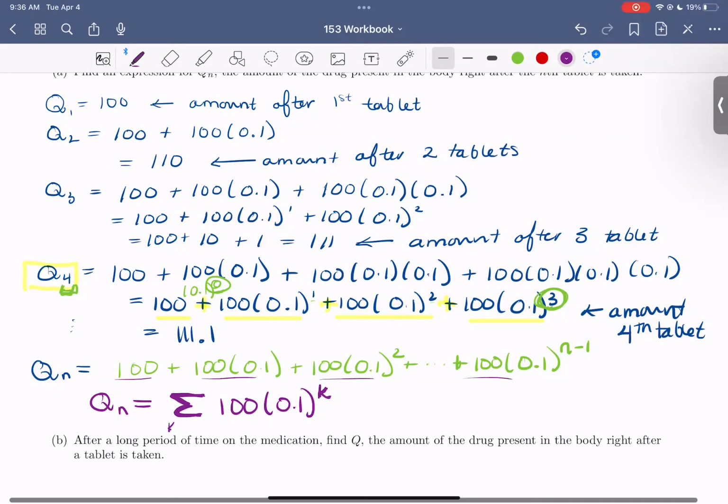So what does k start with? Well, k starts with 0 for our first term, because again, we could write 0.1 to the 0. So k begins at 0 and then goes all the way up to n minus 1. So here's a more compact way to express that Qn term.